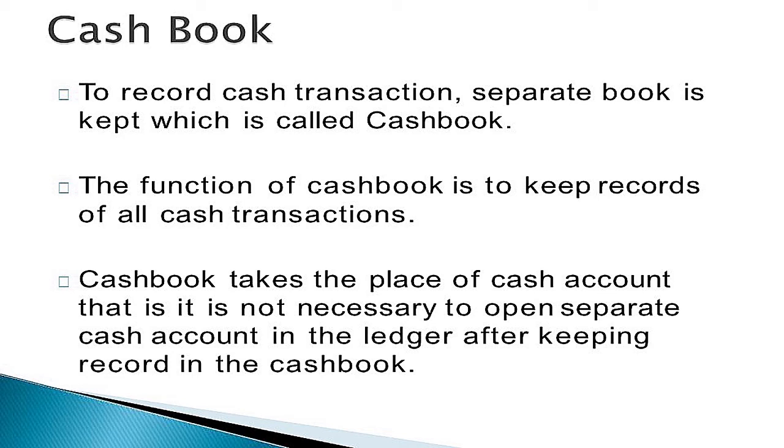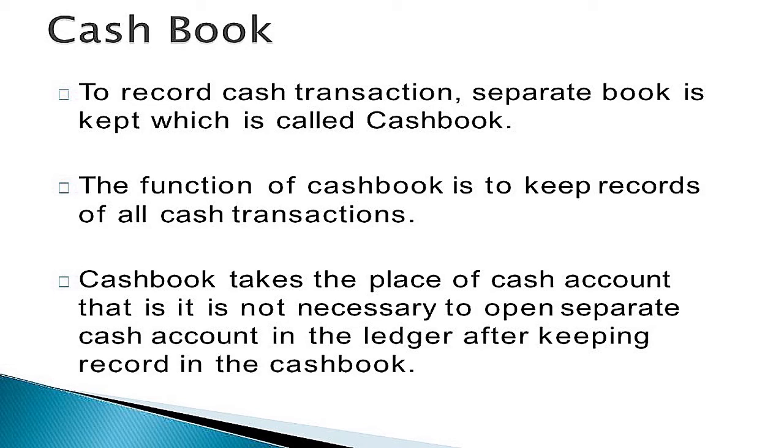The function of cash book is to keep records of all cash transactions. Cash book takes the place of cash account. It is not necessary to open a separate cash account in the ledger after keeping record in the cash book.